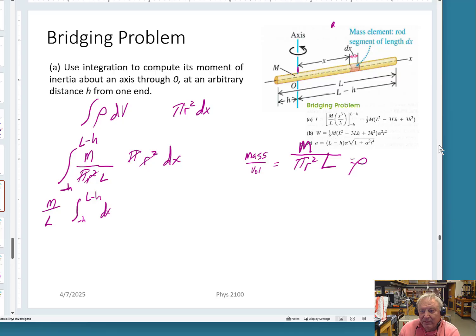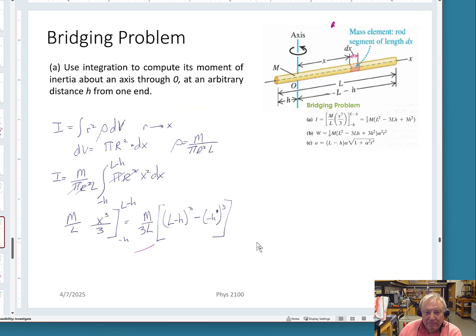Something doesn't seem right, because it says x cubed over 3. r squared rho dV.